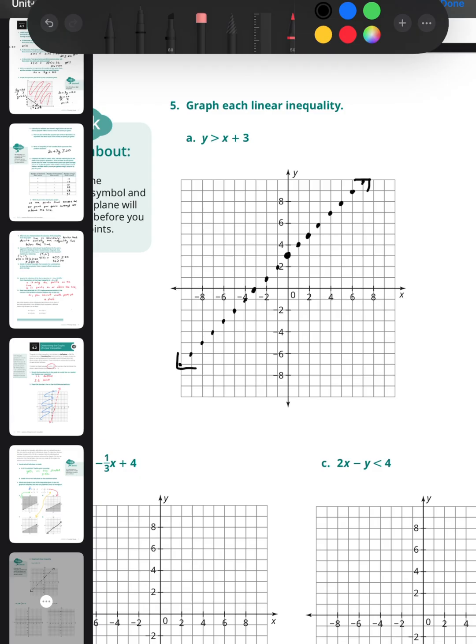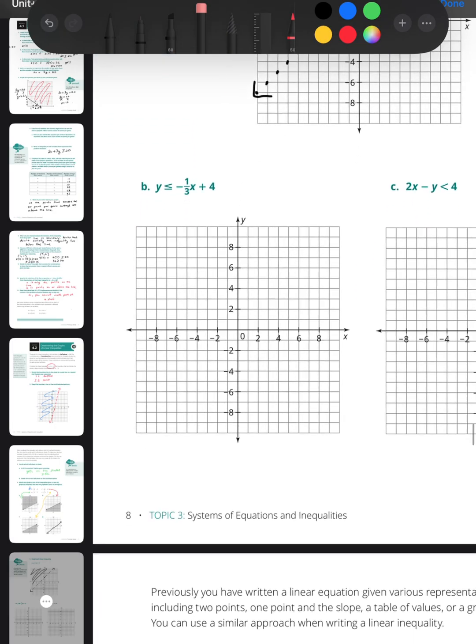Now, this is a greater than sign we're looking at. So we're going to shade above the line. So there would be our shaded side above it. If we go down to B, B has a y-intercept of 4 and a slope of -1/3, so down 1, right 3.